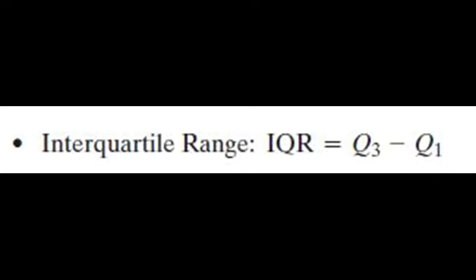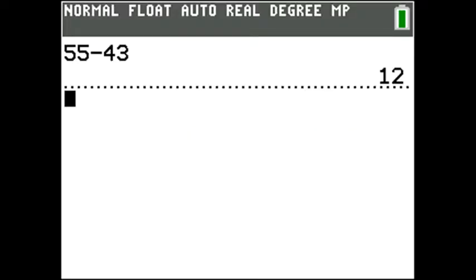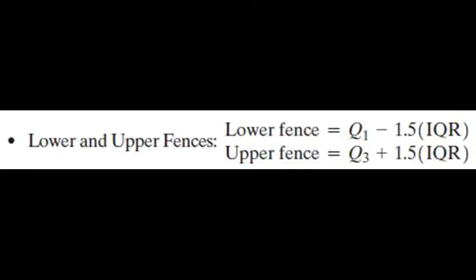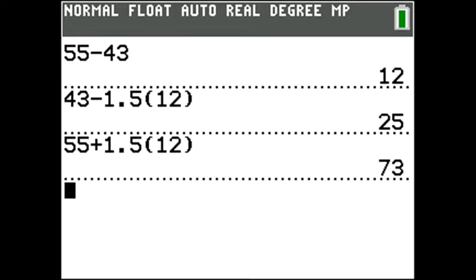Next, we calculate the interquartile range, which is Q3 minus Q1, and we come up with 12. Next, we calculate the upper and lower fences by the prescribed formula. Those calculations reveal that we have a lower fence of 25 and an upper fence of 73.